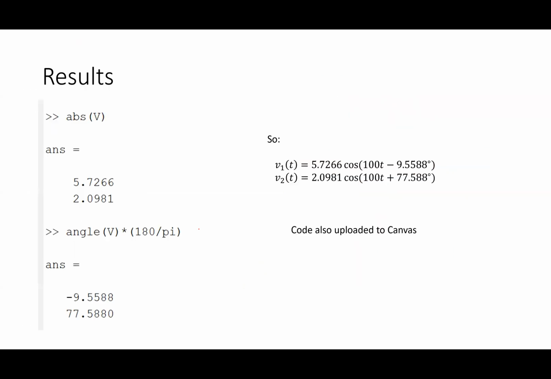All right, so what I end up with is I'm going to get a matrix from this, and the matrix is going to be V1 and V2. This is when I took the angle and the magnitude.